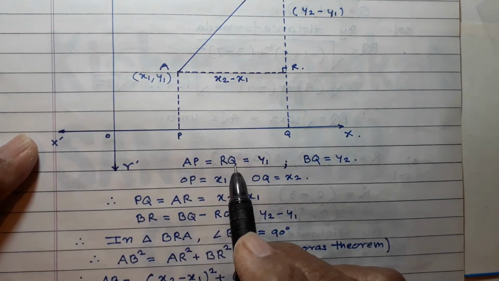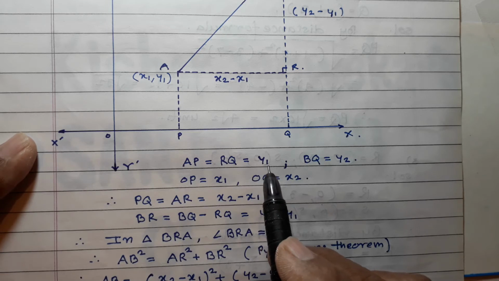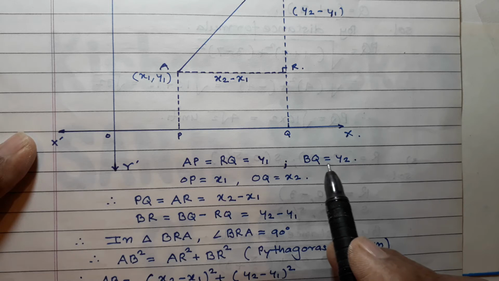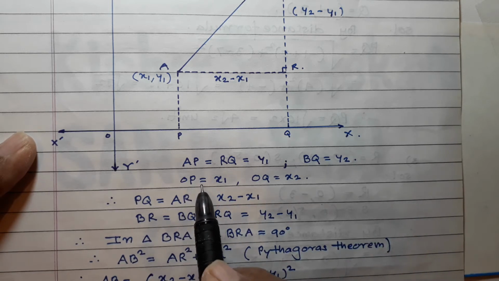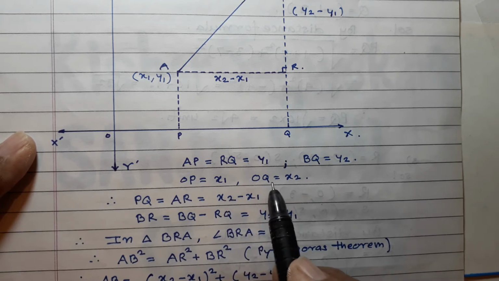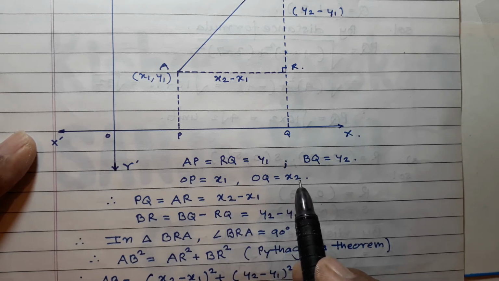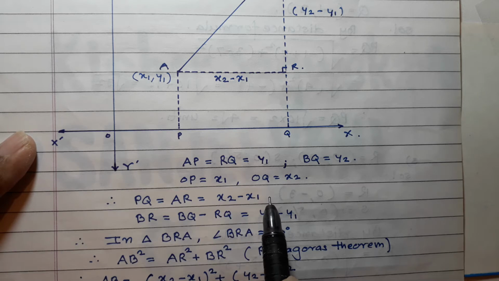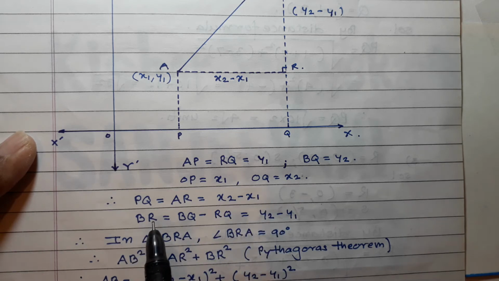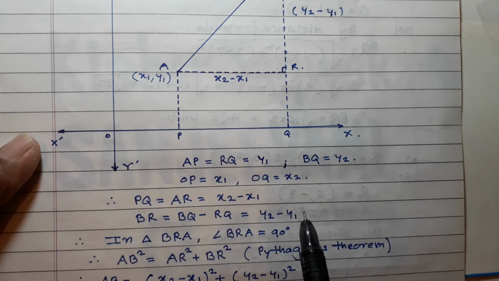AP is equal to RQ is equal to y1. BQ is equal to y2. OP is equal to x1, OQ is equal to x2. And therefore PQ is equal to AR is equal to x2 minus x1, and BR is equal to BQ minus RQ is equal to y2 minus y1.